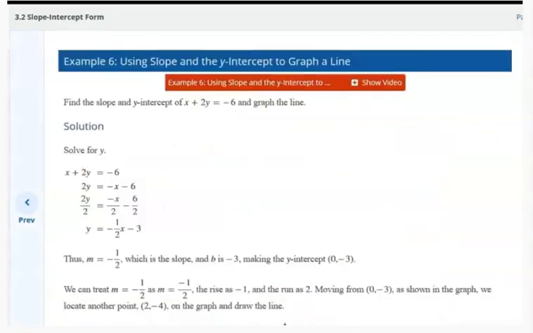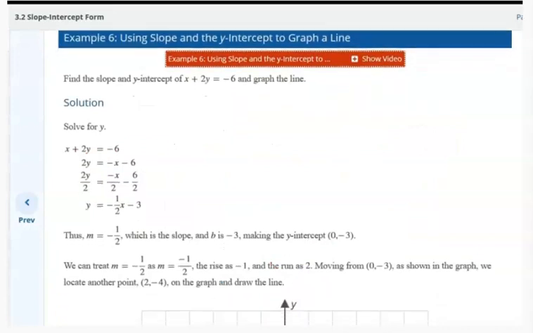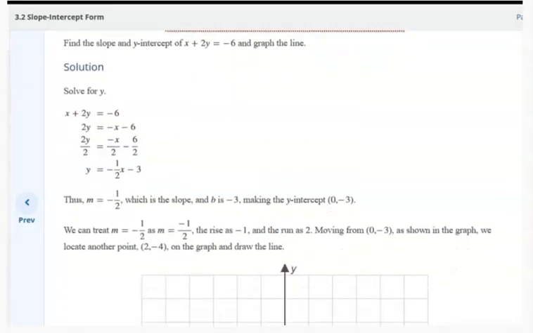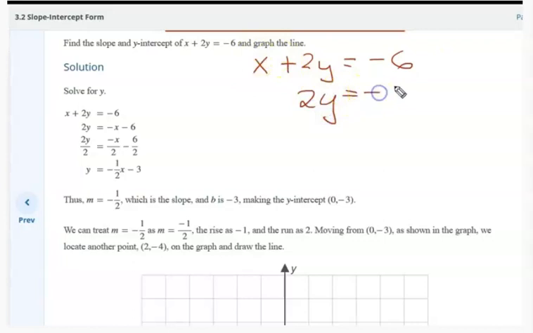For example 6, write that. We will do another to build up your background and experience. So the equation is x plus 2y equals a negative 6. Again, it's in standard form, so we're going to solve for y. 2y, transpose the x on this side, it becomes a negative x, and our negative 6 stays there.